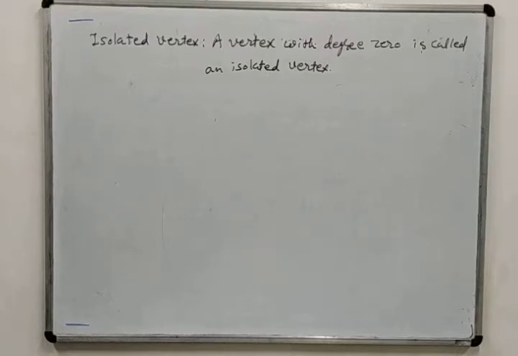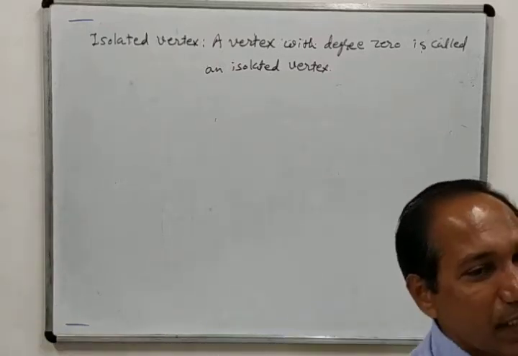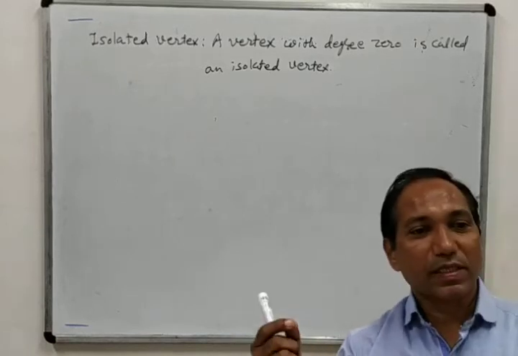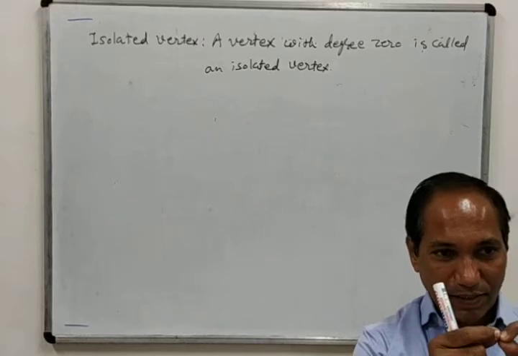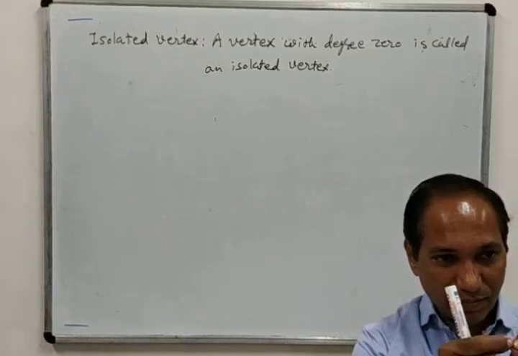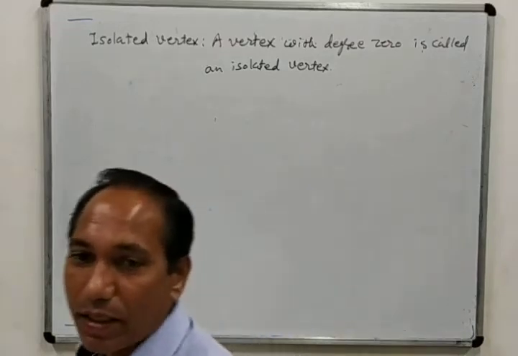So if in a graph G there are some vertices which are having degree 0, then these are known as isolated vertices. Okay? Or in other words, how can we measure degree? Degree means the number of edges incident with that vertex, that means the number of edges passing through this vertex is known as the degree of the vertex.